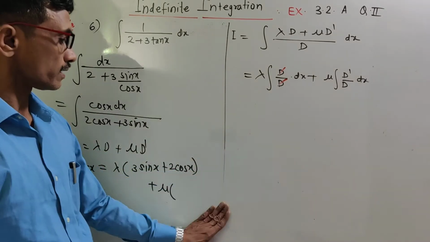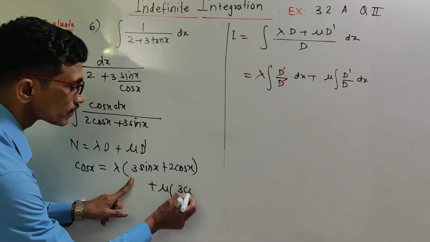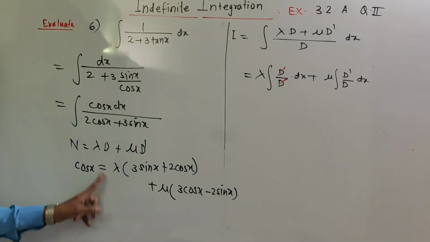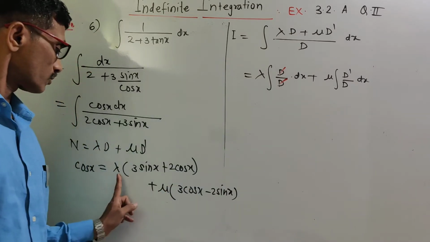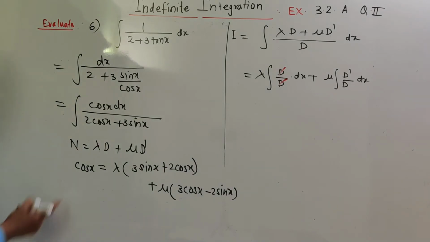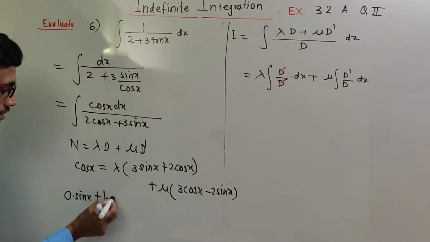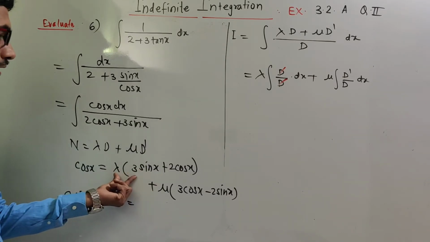Lambda and mu are constants, and you have to find their values. The derivative of this is 3 cos x minus 2 sin x. So we collect the coefficients of like terms, sin x and cos x. We can write this as 0 sin x plus 1 cos x, where the coefficient of sin x is 3 lambda minus 2 mu.